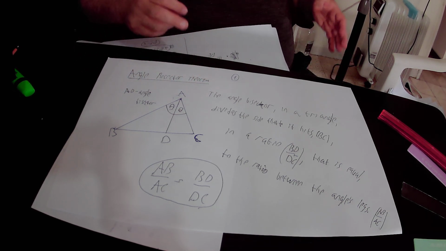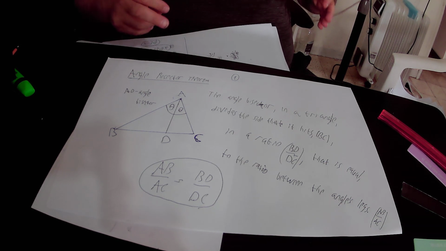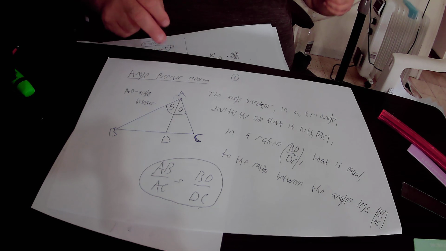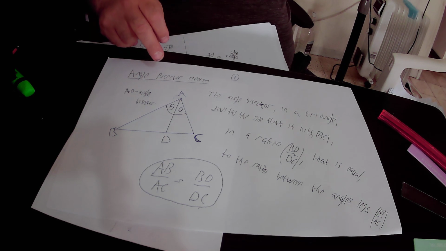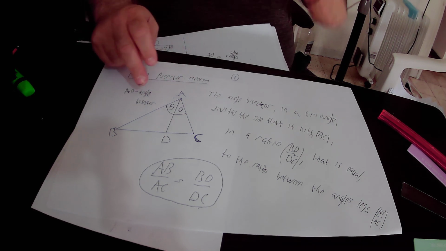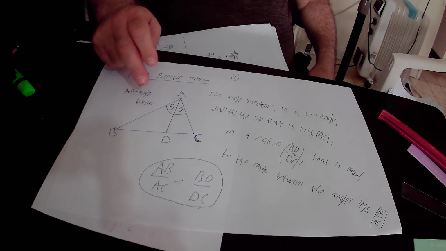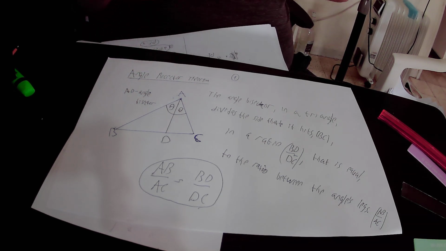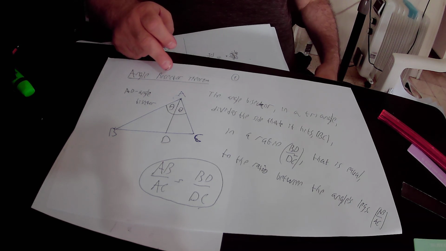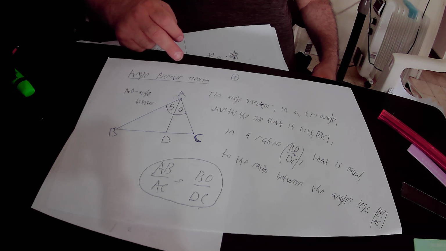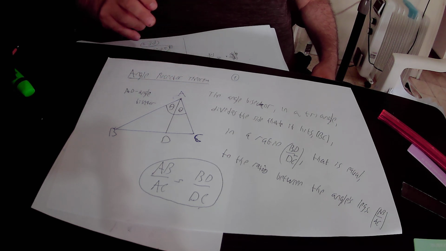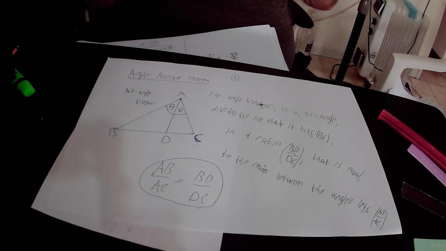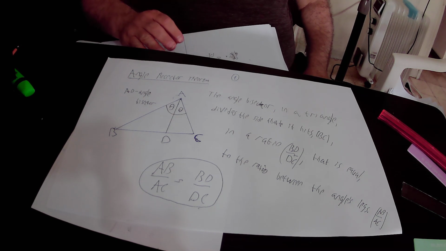So the ratio between the two legs of the bisected angle, AB over AC, equals the ratio in which angle bisector AD divides side BC, which is BD over DC. In conclusion, AB over AC equals BD over DC. Okay?